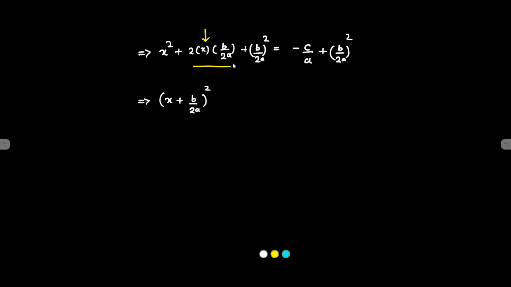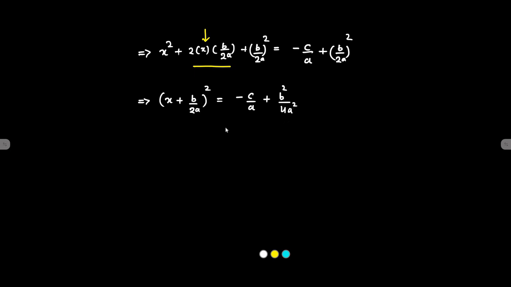This entire thing is x plus b by 2a whole square, and this is equal to minus c by a plus b square by 4a square.